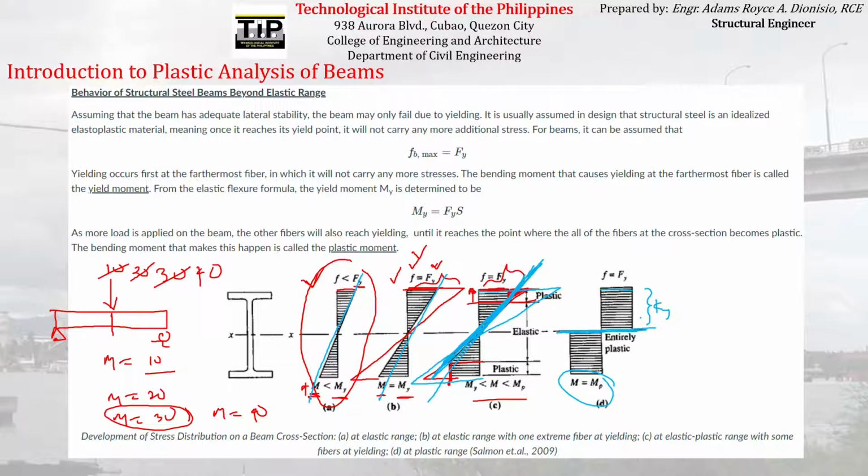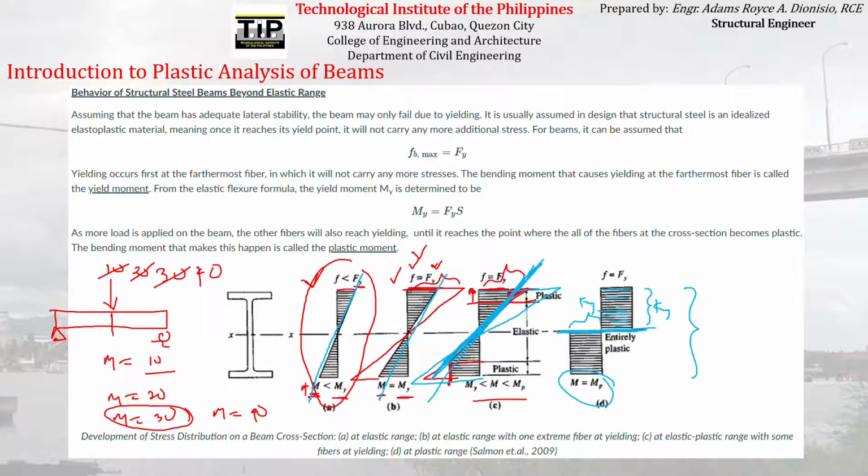So, makikita mo dito, buong depth ng beam natin, puro Fy na yung nararamdaman niya na stress. Although dito sa upper portion, siyempre compression, sa baba tension. Pero Fy pa rin naman yung magnitude niya.